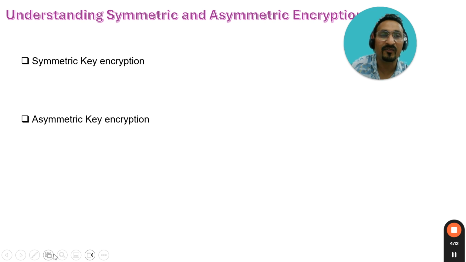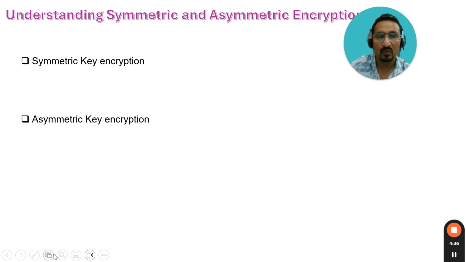Asymmetric means different, not the same. When different keys are used for encryption and, in a similar way, a different key is used for decryption, then it's called asymmetric key encryption.